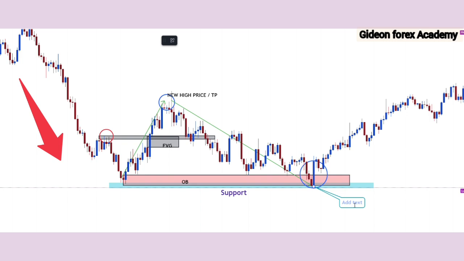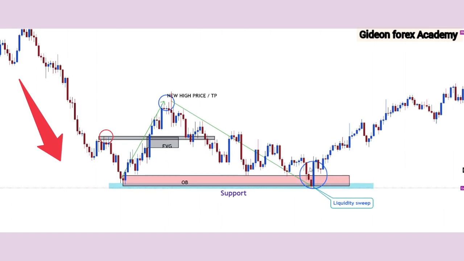After this liquidity sweep, you can see a little manipulation down here. Sometimes there is a liquidity sweep, sometimes there is not, but make sure you make your confirmations to buy in this area.